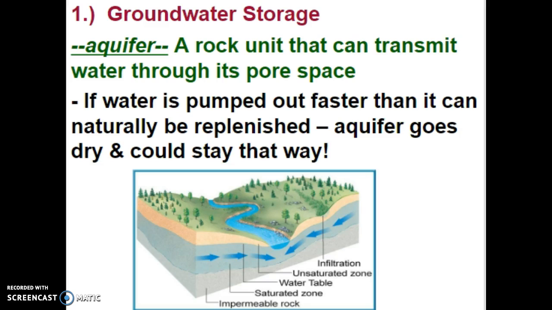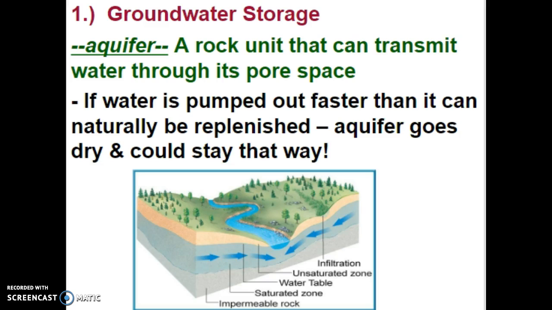And then it is stored in the aquifer, so it sits on top of solid rock, so that water can't further infiltrate below the aquifer. If water is pumped out faster than it can naturally be replenished, that aquifer could go dry and stay that way.